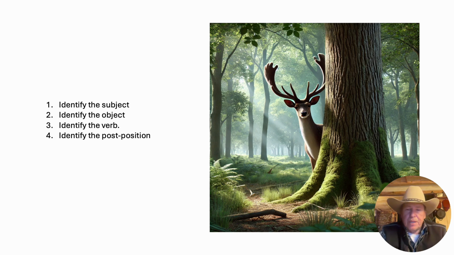The verb, he's standing. And then the postposition, ilazata, behind. So in this case, I'll give you this one. The sentence should be takhjaki, the deer, chaki, the tree, ilazata, behind, naji. Takhjaki, chaki, ilazata, naji.